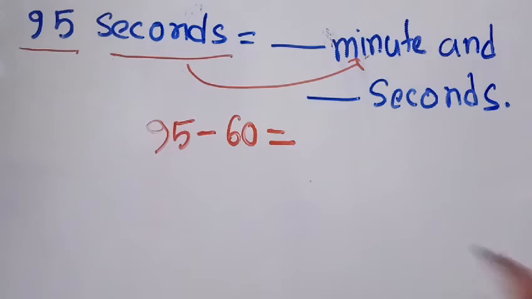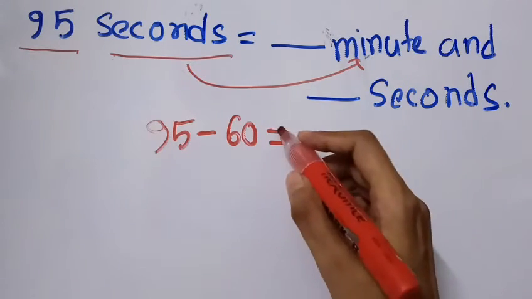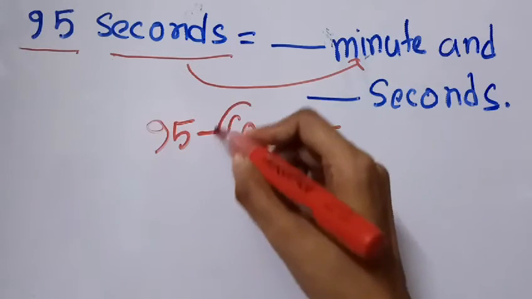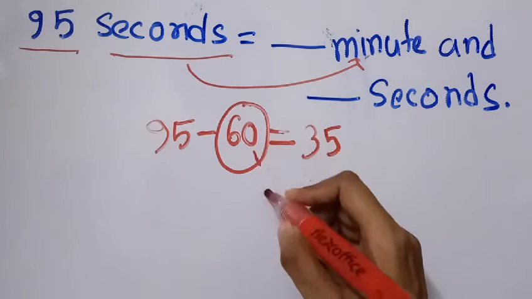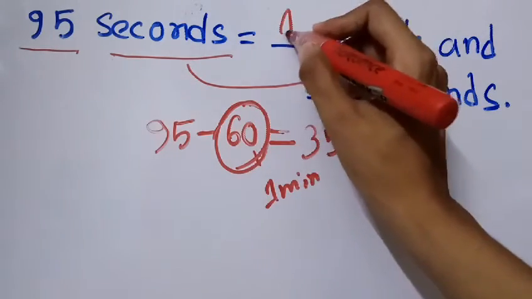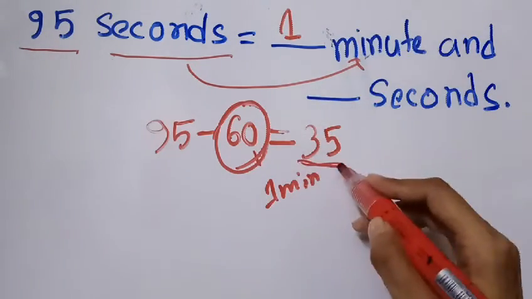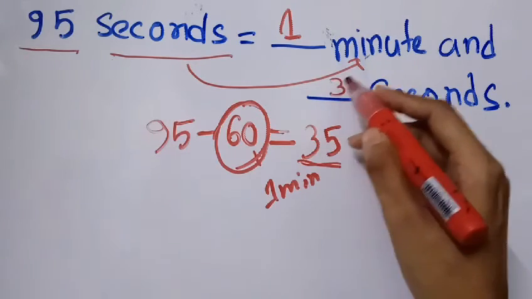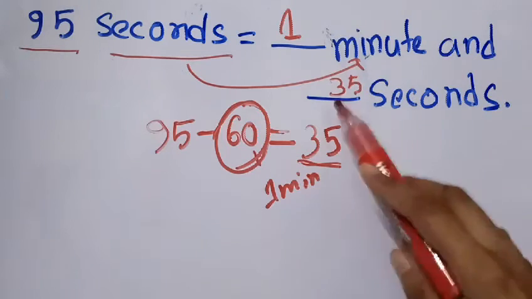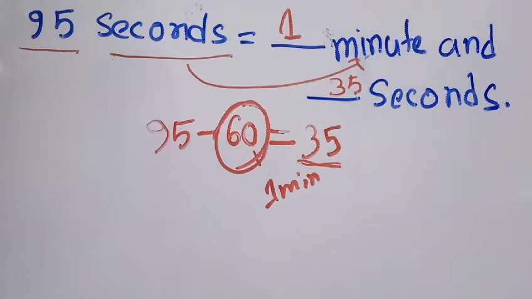So answer is 35. Here 60 means 1 minute. That's why I am writing here 1, and 35 is left, so I am writing here 35. So our required answer is 1 minute and 35 seconds.